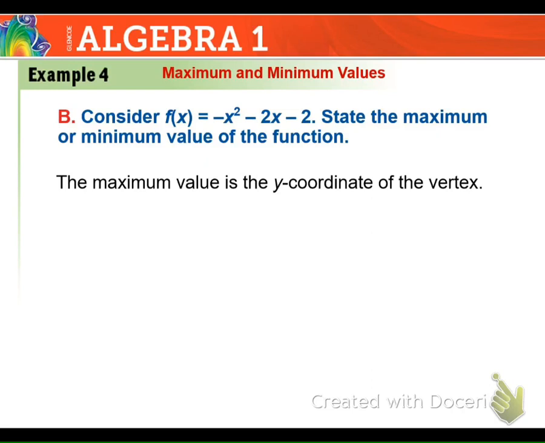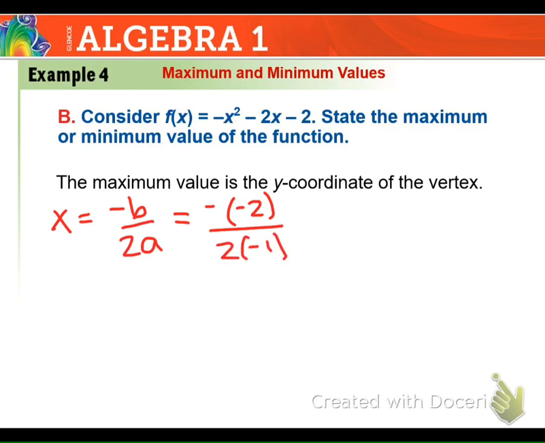How do I find the x-coordinate? I use my axis of symmetry formula. So my x will be negative b divided by 2a. Well, we already found a, b, and c, so that would be negative times -2 over 2 times -1. So go ahead and simplify that out for me, which gives us, 2 of those can cancel out, but that'll give me -2 over 2, which gives me -1.